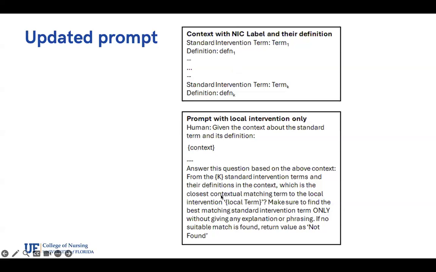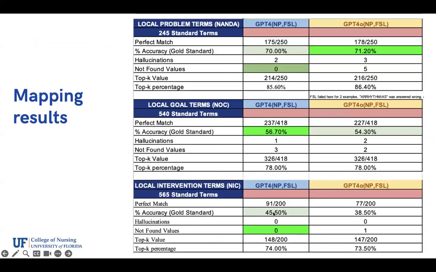And then we ask the question: which NIC is closely related to the intervention that I'm giving as part of the query, which is not the standardized term but the local term here. And when we do that kind of process, it helps us increase a little bit the accuracy of the AI model we're using.